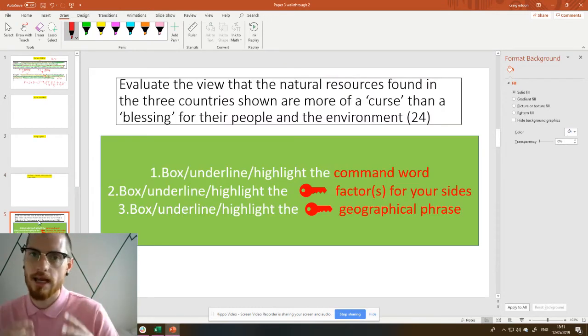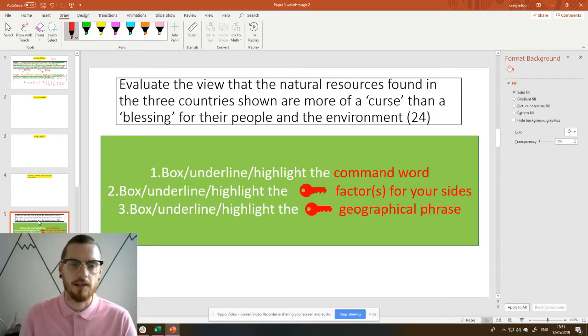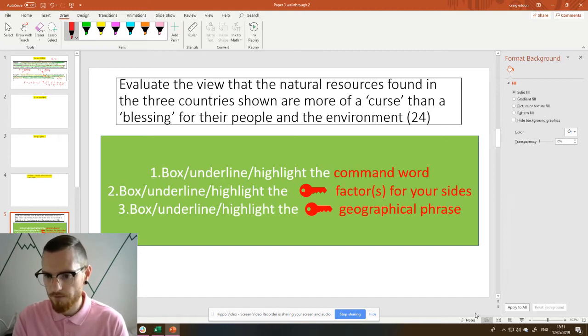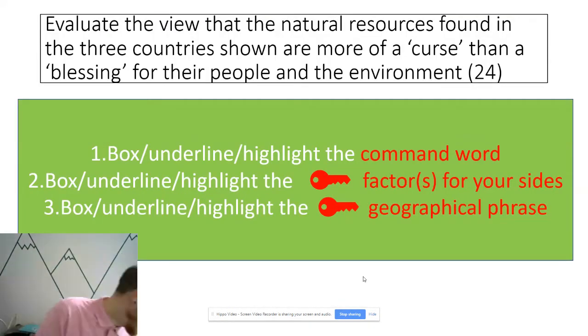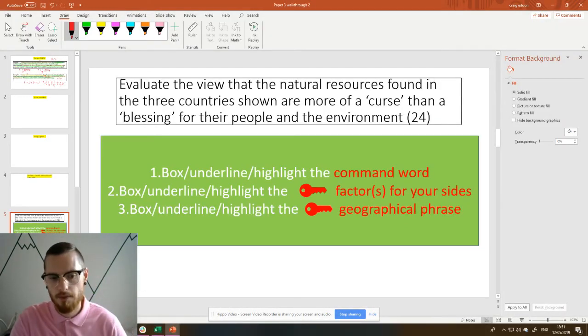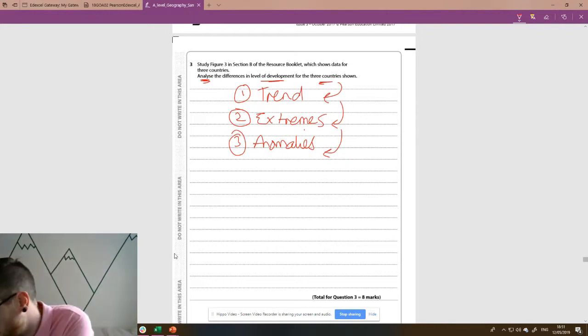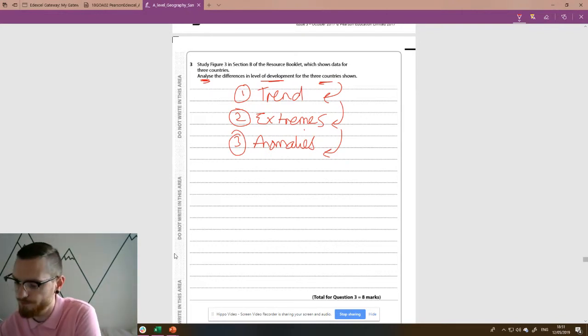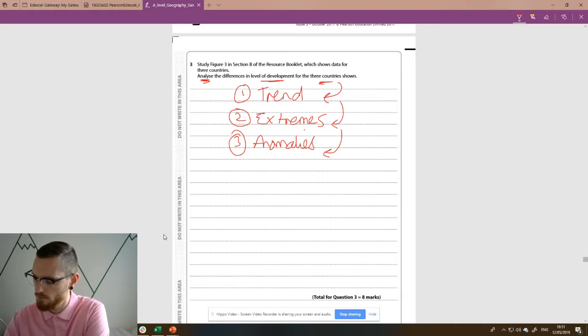Next, let's hit the evaluate questions. And first off, let's just go through the question in the actual paper. Back to the paper here, and I'm just going to scroll down in here.